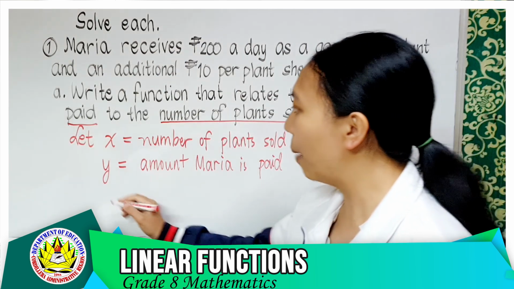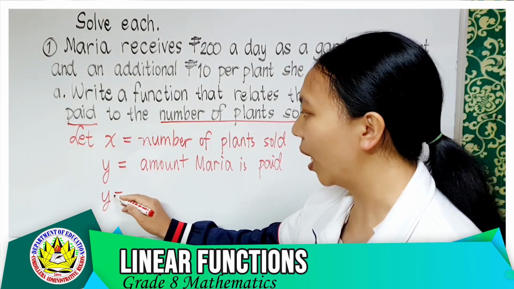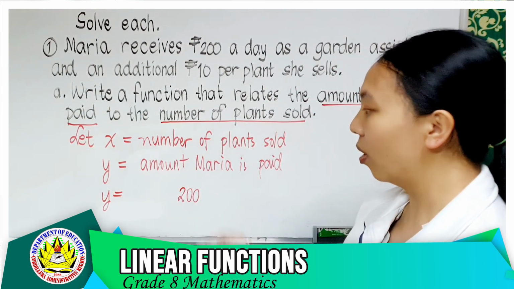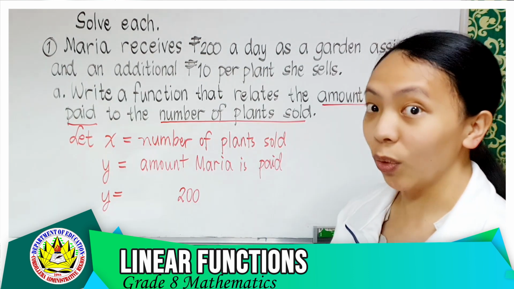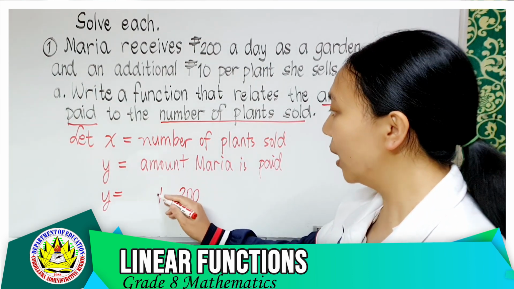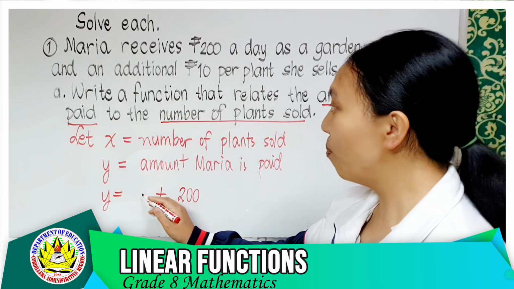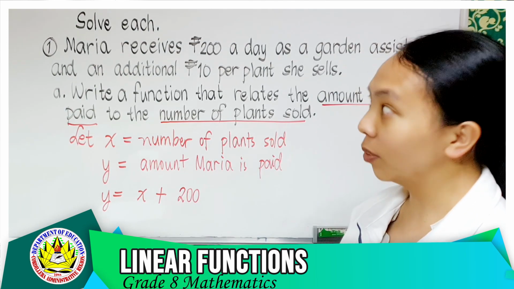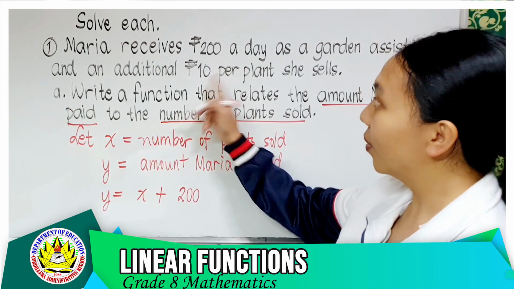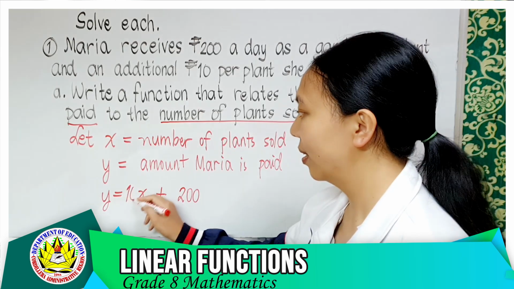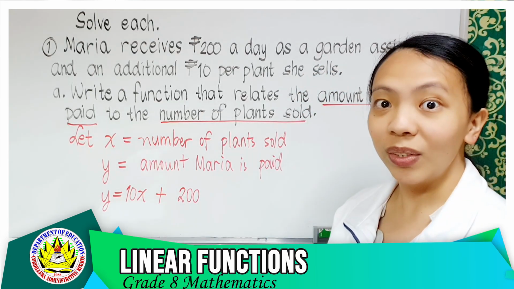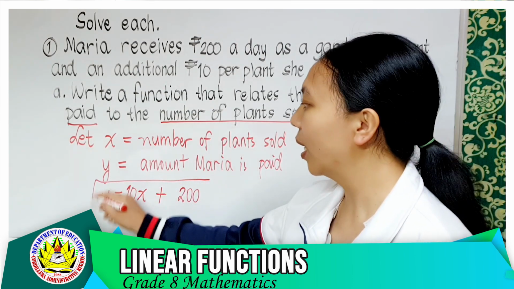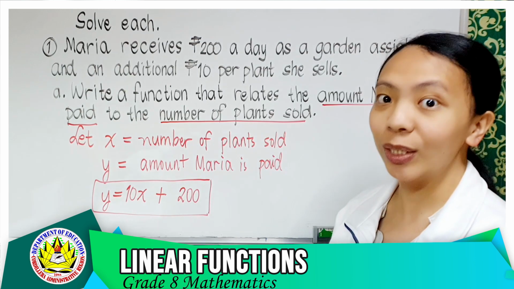Thus, the amount Maria is paid is equal to 200 pesos, her daily wage, plus the number of plants sold multiplied by 10 pesos. Here now is the function we are looking for. y is equal to 10x plus 200.